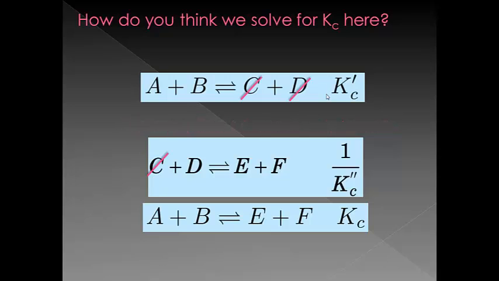If we do this, the rule for what happens to Kc is to invert it, or put 1 over the Kc. We'll look at why this is in a moment. Once you do this, you can multiply the two Kc's together in order to get the desired one. So doing this leaves you with Kc prime times 1 over Kc double prime.